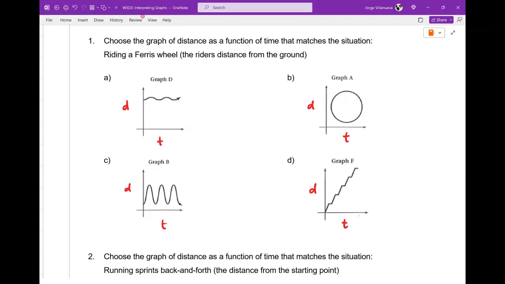So as time goes on, I go further up, and then I go back, but in order for me to go backwards, that means I have to go back in time. And I can't do that, right? We can't travel back in time. So I can't do this one right here, because this means that I traveled backwards in time.